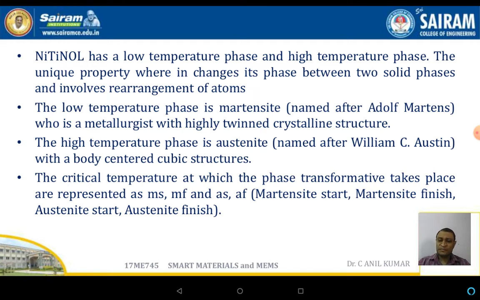The critical temperatures at which the phase transformation takes place are represented as M_s, the martensite start, M_f, the martensite finish, A_s, the austenite start, and A_f, the austenite finish.